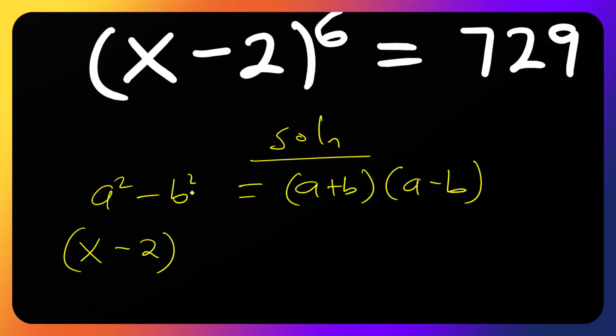Okay, so since this side is squared, let's bring 2 out here. So we can say keep our squared. Okay, so going back, 2 times 3 is 6, so I've done nothing.